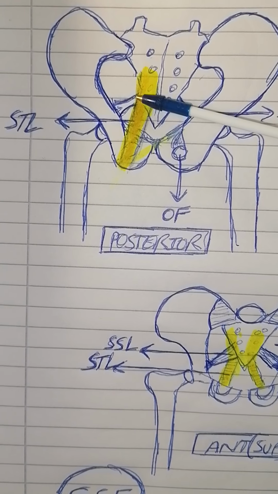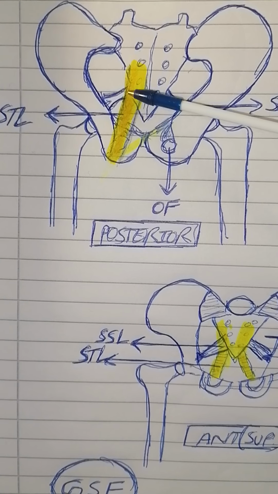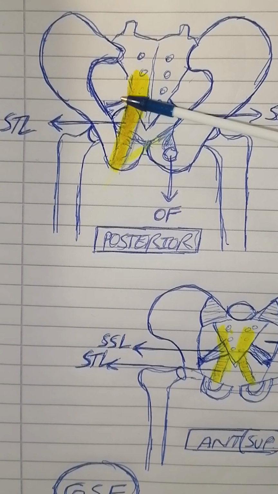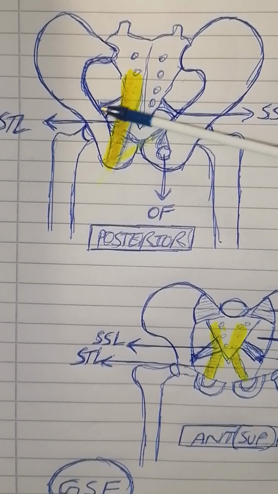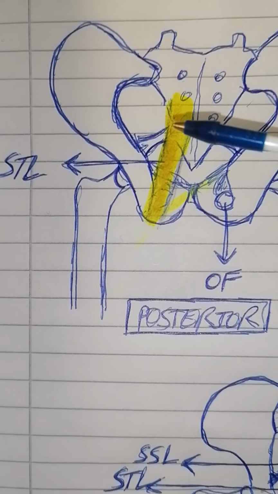Yeah. And your SSL is a bit inside, anterior to this STL, your SSL over there, going across like this. So hence two foramina are created, as you can see.